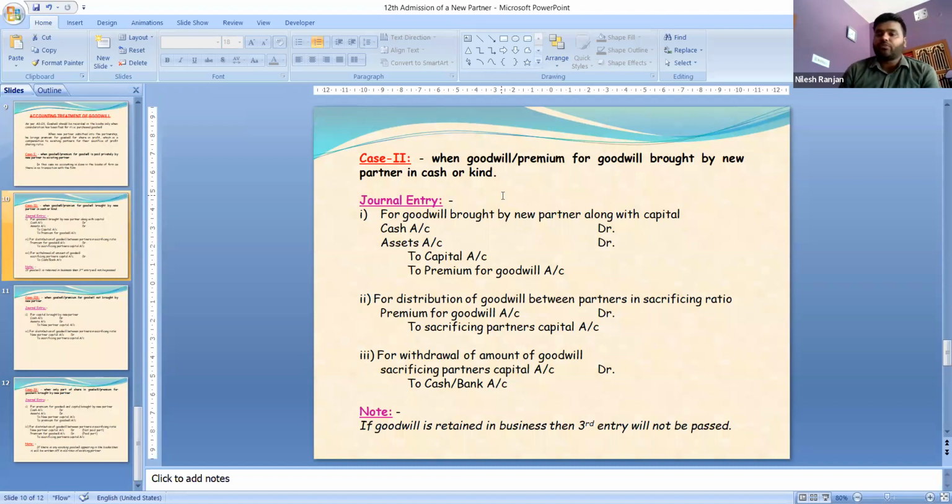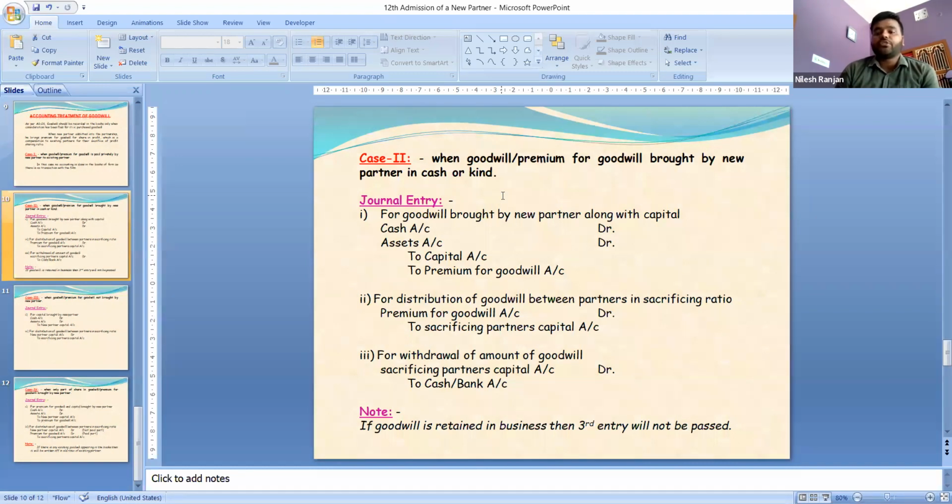So you have to tell me both sides. What is the journal entry for starting business with cash? Okay, let's leave it. What is the journal entry for purchasing something on cash basis?